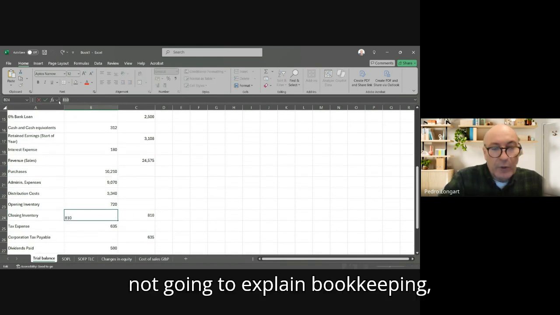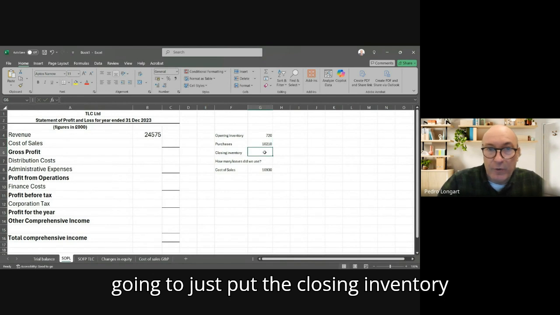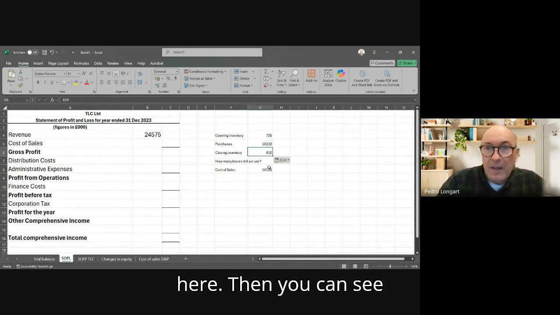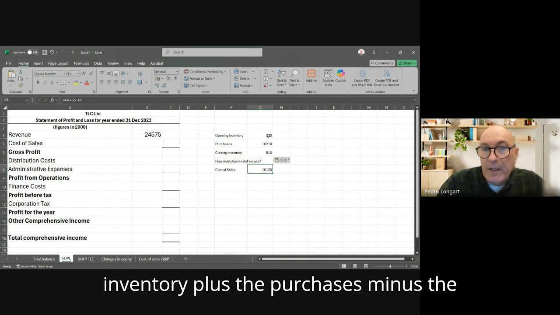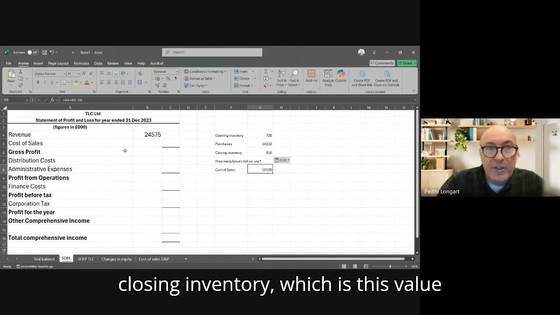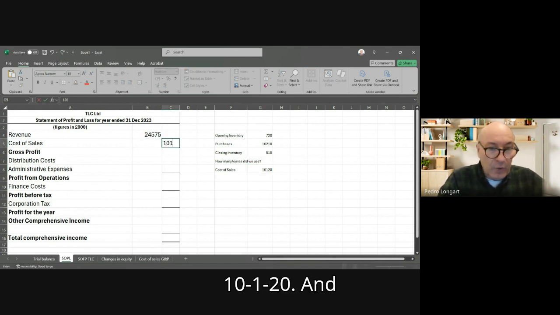I'm not going to explain bookkeeping, so it appears twice for a reason, but I'm just going to put the closing inventory here. Then you can see that the cost of sales is the opening inventory plus the purchases minus the closing inventory, which is this value here, 10,120.